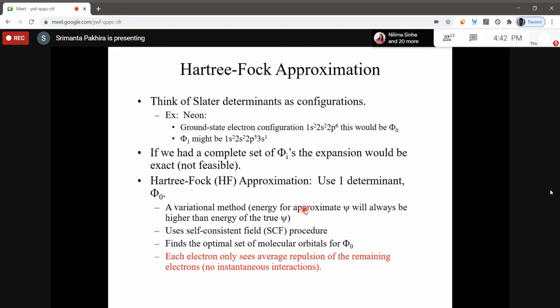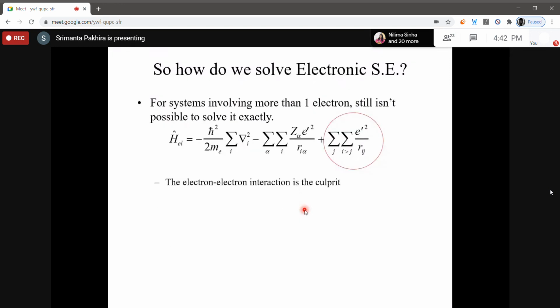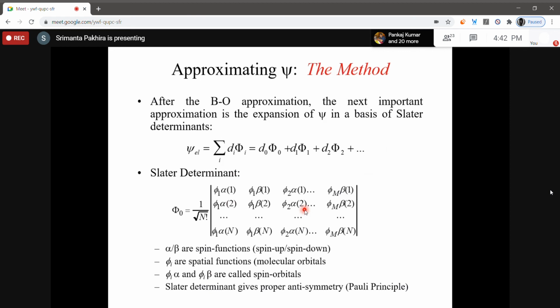If you have any questions up to here, just try to understand the subject behind the approximation, as well as how to write down the wave function part. The wave function part is also very difficult compared to writing down the Hamiltonian.